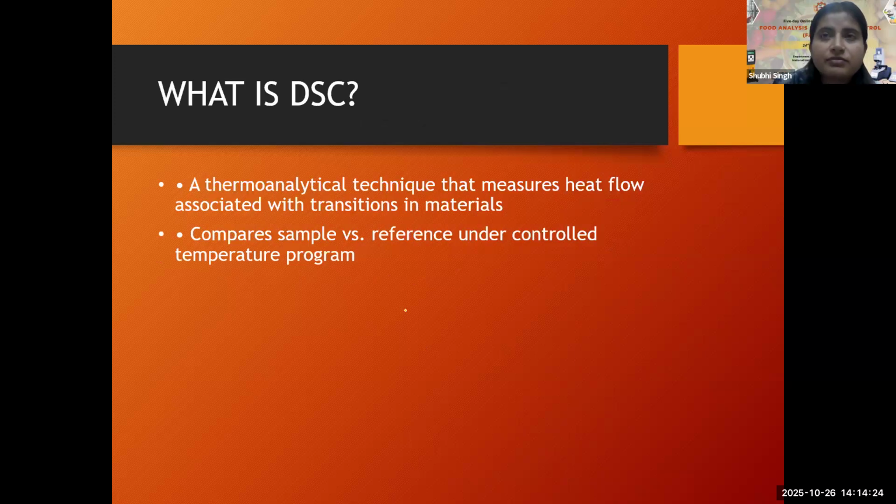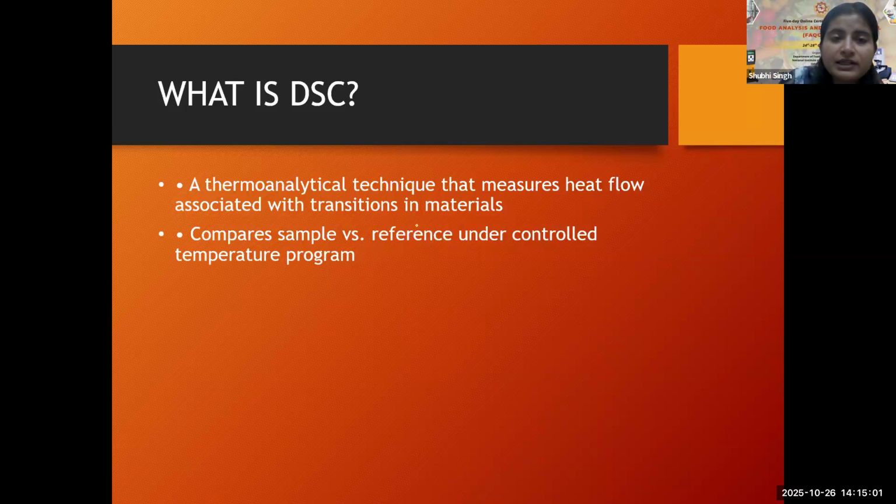For example, if we subject our food to heat, it will absorb energy and get hot. And when it cools down, it will release the energy. So basically, DSC always talks about this change of energy, this change of temperature, what is happening inside the food matrix. This is what DSC is.